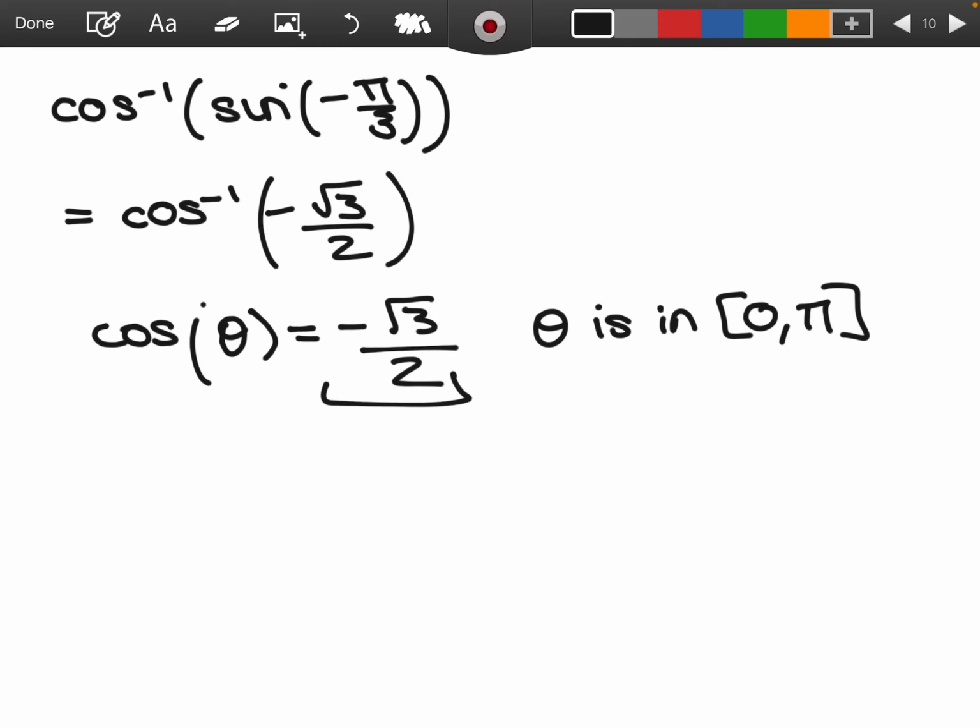So I'm looking for the angle that gives me an x-coordinate of negative the square root of 3 over 2, which ends up being 5 pi over 6. So these work in exactly the same way. Just always make sure when you look at that inverse function that you get an angle that is between the correct values.